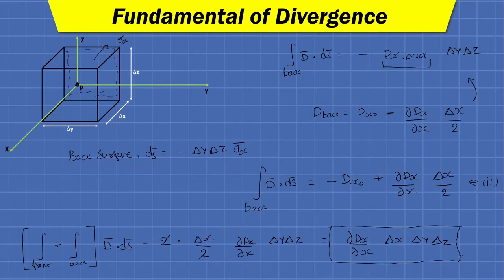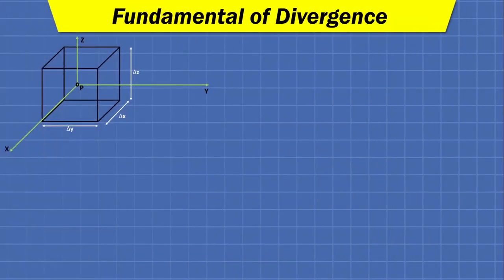Now similarly, if we calculate for the left and right surfaces, the integration of left plus the integration of right surface of D bar dot ds bar will give del Dy by del y, delta x, delta y, delta z.